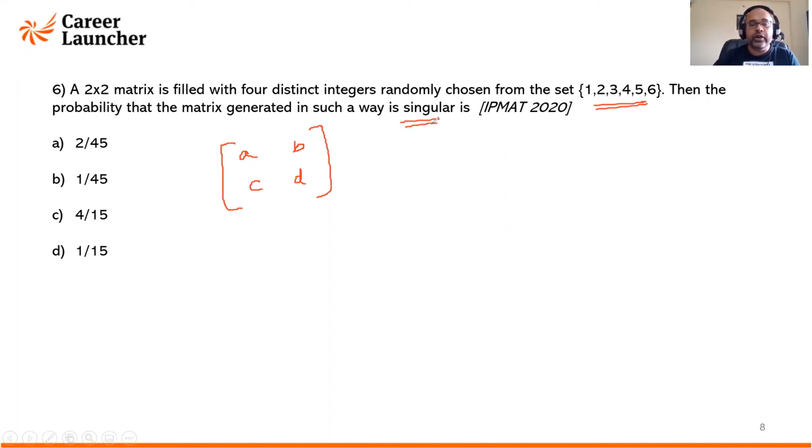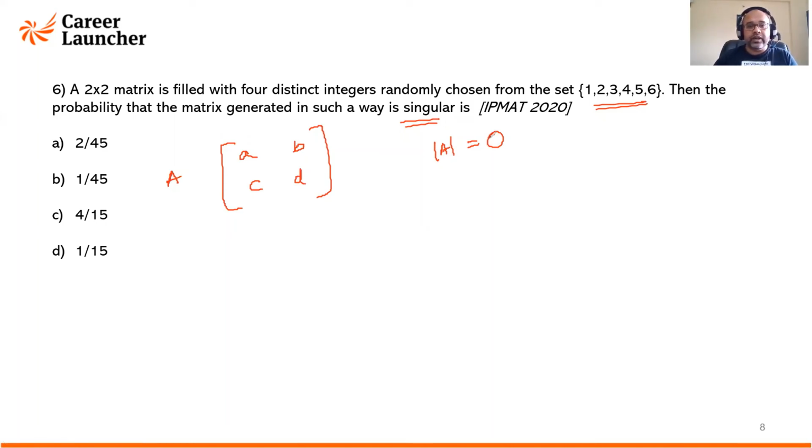Now I told you what is the meaning of singular. Singular means the determinant. So if I call this matrix A, then the determinant of A is equal to, or rather is not equal to 0. Oh, sorry, is equal to 0. Okay. If the determinant of A or any matrix is equal to 0, such a matrix is called a singular matrix.